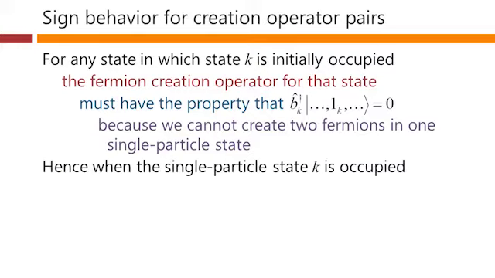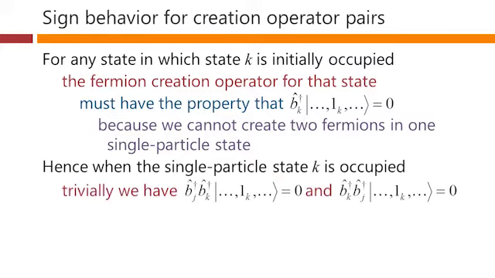Hence, when the single particle state K is occupied, trivially, we have that this sequence of operators acting on that state gives us 0, and this one acting on that state also gives us 0, because in both cases we're trying to create another particle in state K. And both of those must fail in the sense that the result is going to be a vector of 0 length.